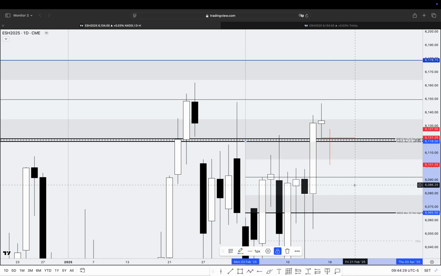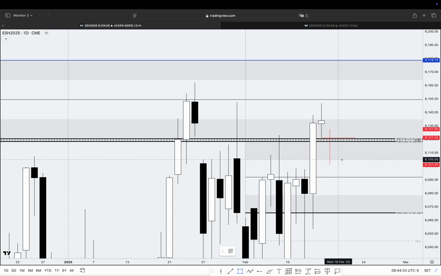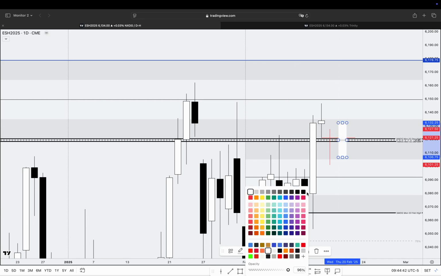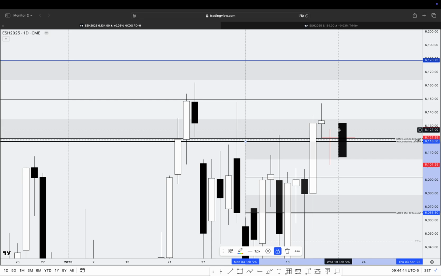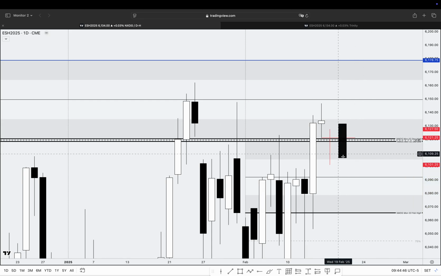But if we are going to continue to move higher, we should not close below this. I want to see candles closing above this level here. If I have a black candle printing here, I would like to see it like this, not like this or like this.